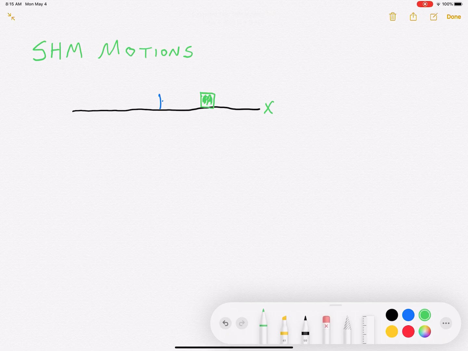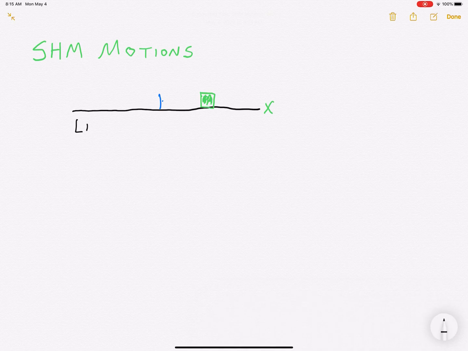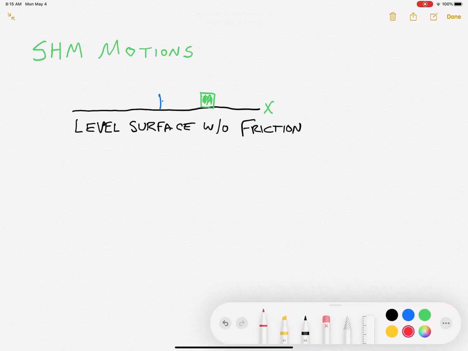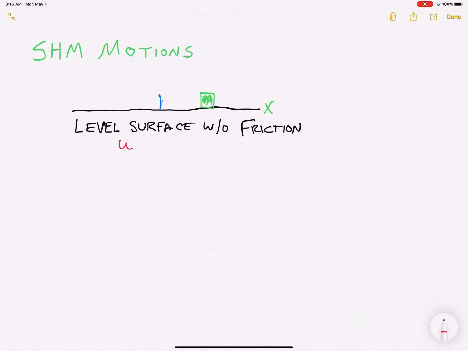So the level surface without friction, and let's ask the all-important question, what is x as a function of t in this case?